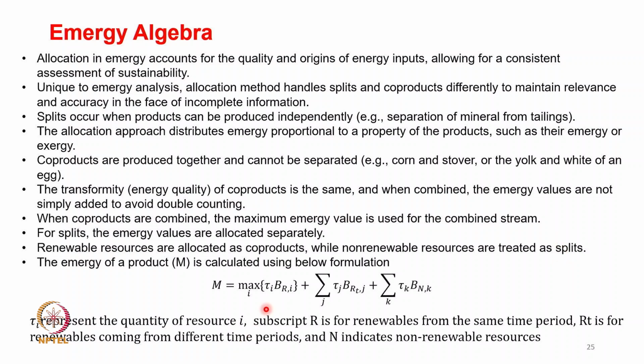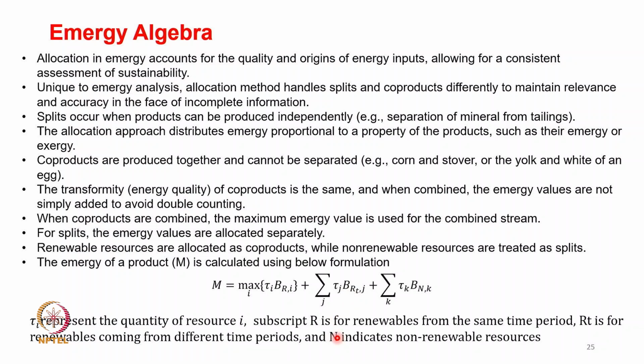So now look at how we compute the emergy of a product. There are three summation terms. In the first case, you take the max across tau i B_Ri, where R stands for the renewable. For the renewable case, which are obtained at the same time period, you take the maximum out of it. And what is RT here?